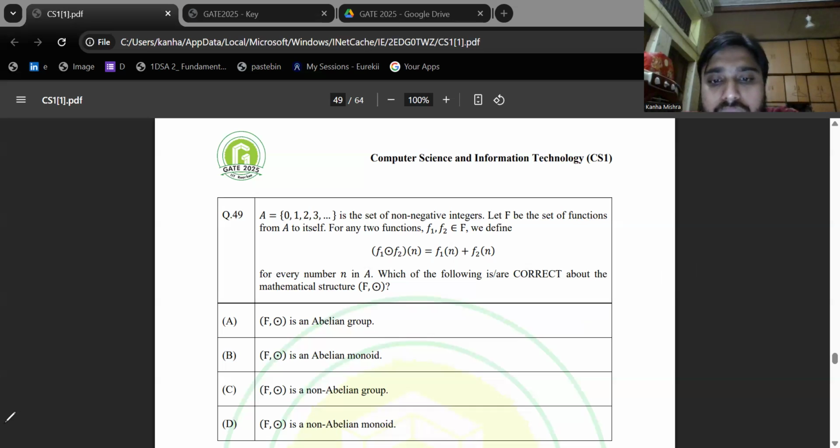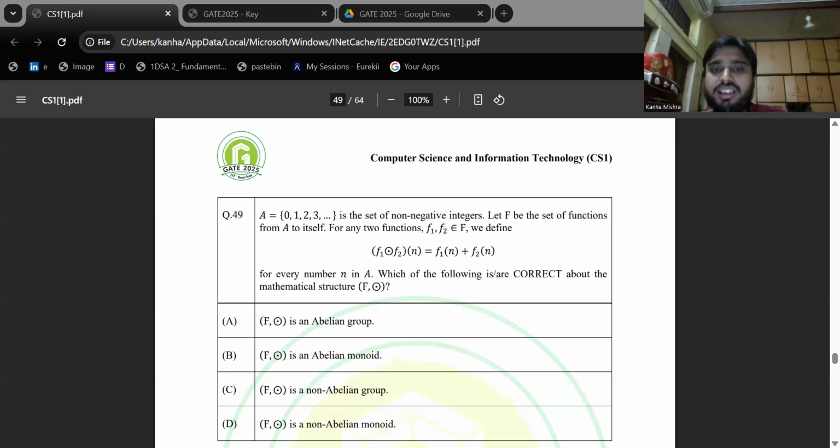A group is a monoid where every element has an inverse with respect to its operation. An Abelian group is a group where the operation is commutative.